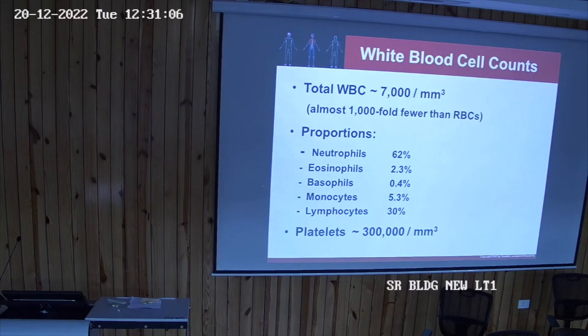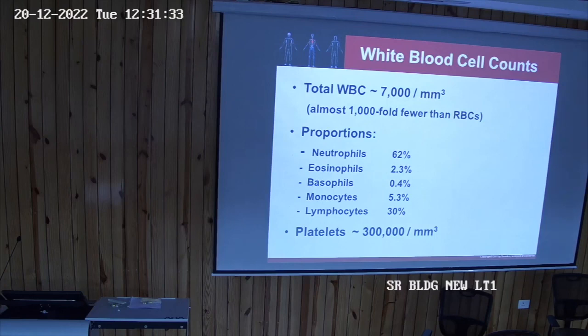Okay. Proportions is, this is what DLC stands for. DLC stands for differential leukocyte count, or the percentage distribution of WBCs. Okay, so if we have counted 100 WBCs in a slide, so out of 100 WBCs, what will be the percentage-wise distribution of different WBCs?